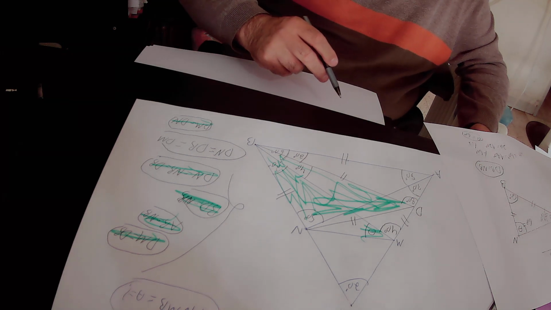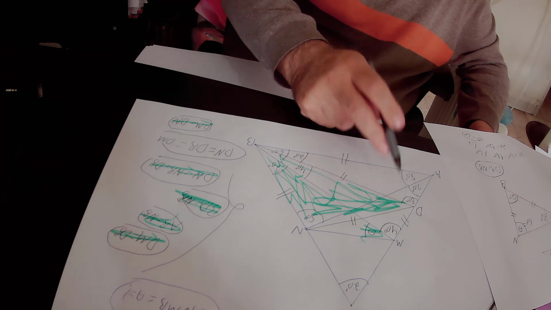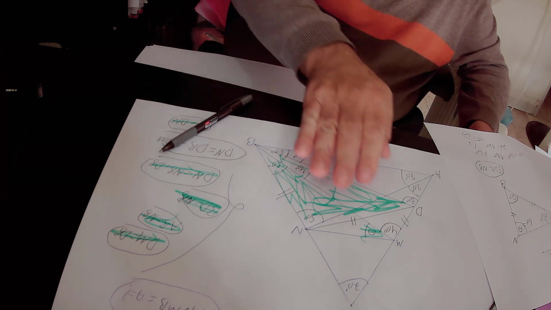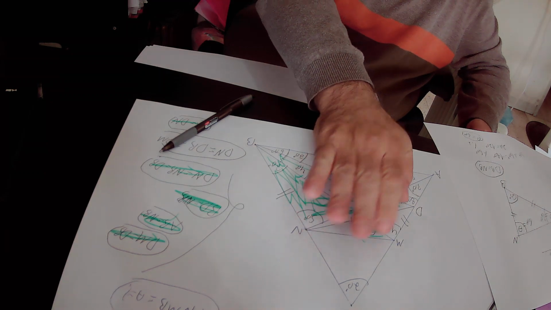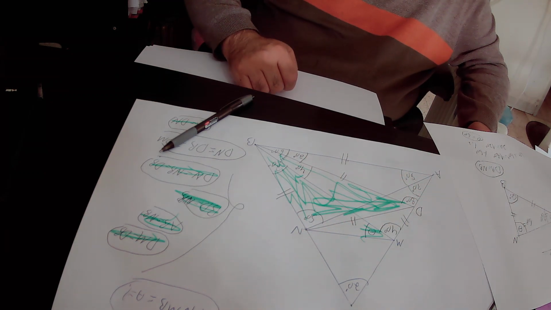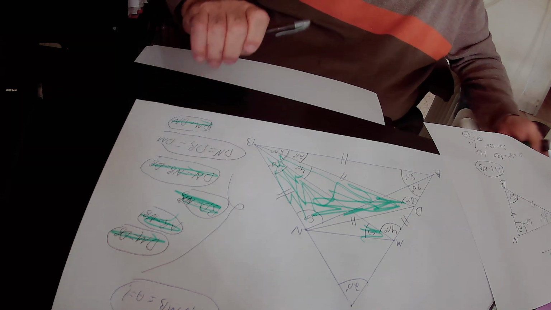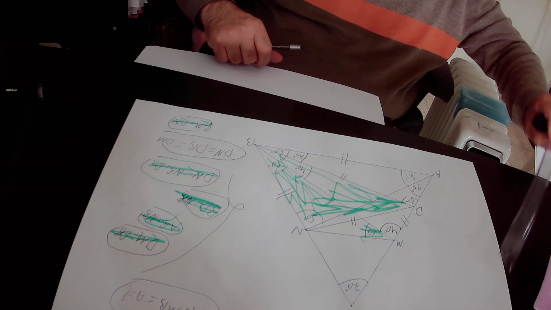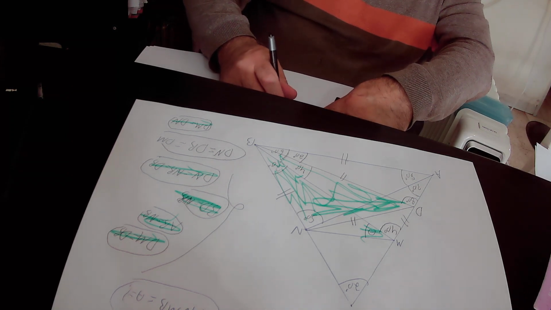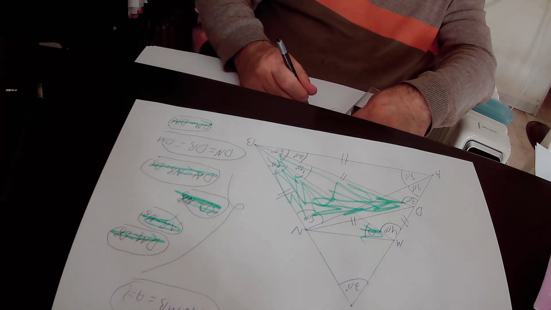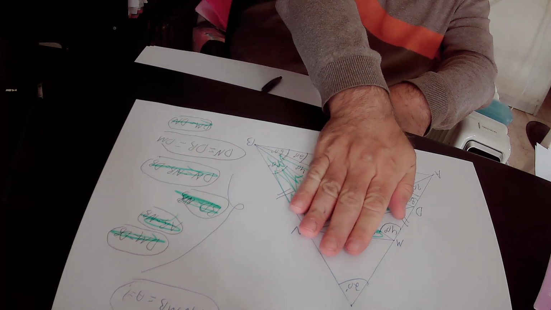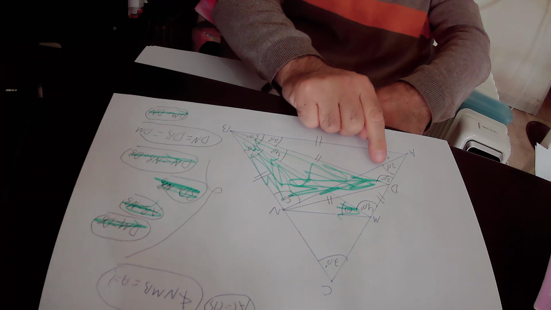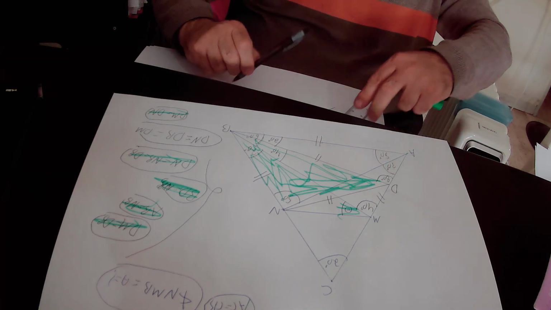We will analyze this triangle DMN, but before that, we will focus on this side of the straight line CA at point D. On this side of the straight line CA at point D, we have this angle that is equal to 80 degrees.